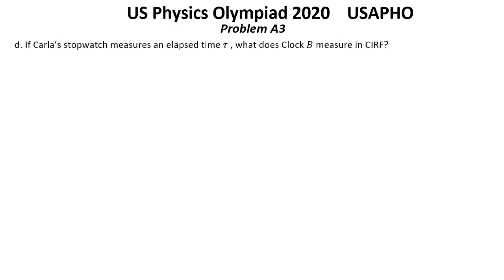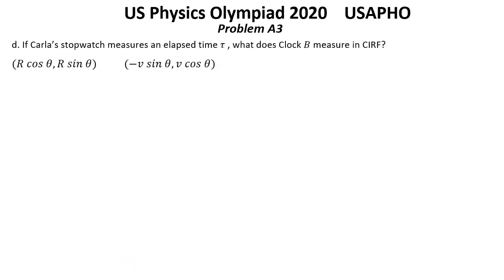Suppose Clara is at coordinates r cos theta, r sin theta. So her velocity is given by (negative v sin theta, v cos theta).